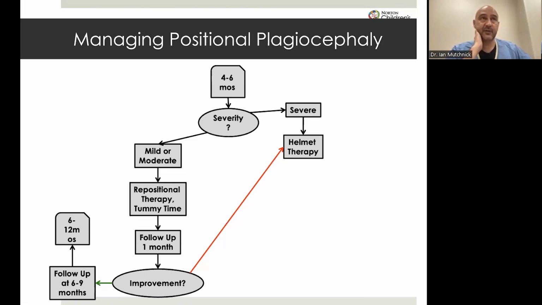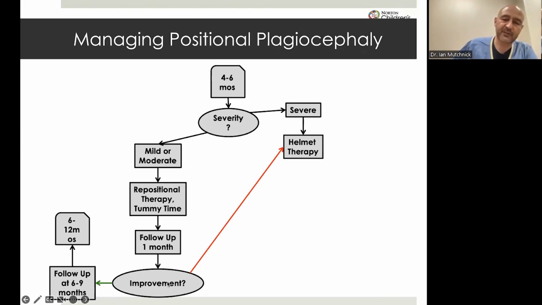If you, as a practitioner, feel that it's just very important to intervene on this and get them a helmet, that's fine. Do keep in mind that not all insurances will pay for the helmet therapy. So equipping the parents with the information they need to make an informed decision at the orthotist, when they find out how much it will cost them, can be helpful for them making a decision.